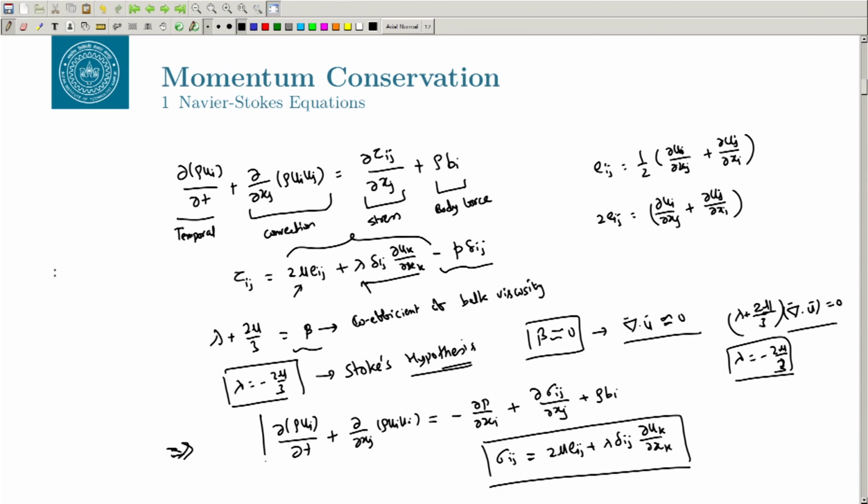So this is your final momentum equation. You can express it in different forms, and this is the differential form.